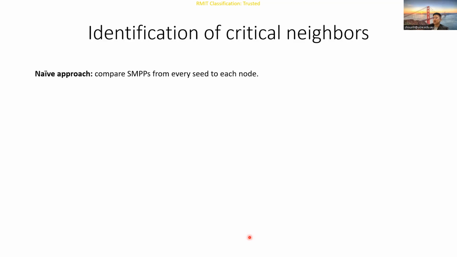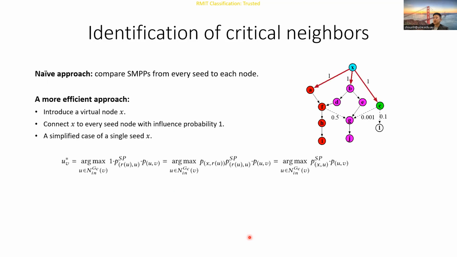The naive way to identify a critical neighbor is to compare SMPP paths from every seed to each node, which is infeasible in practice. Then we introduce a more efficient approach. We introduce a virtual node X and connect X to every seed. A, B, C are the three seeds in our example with influence probability 1. Then we can simplify the case with multiple seeds to the case with one single seed X, based on the equation below.